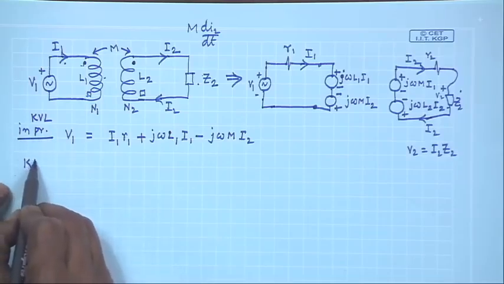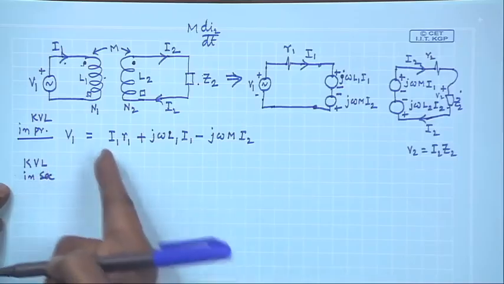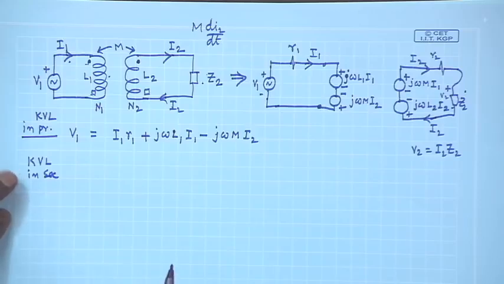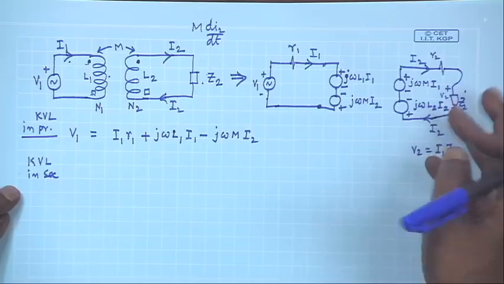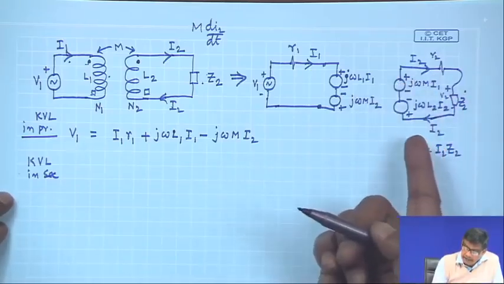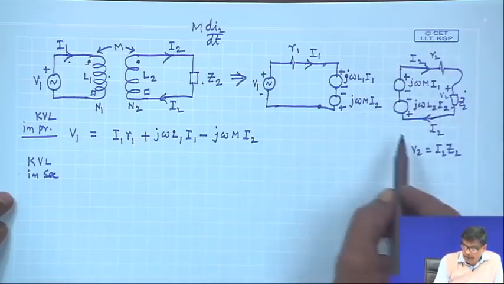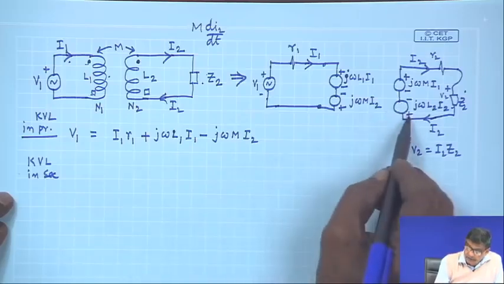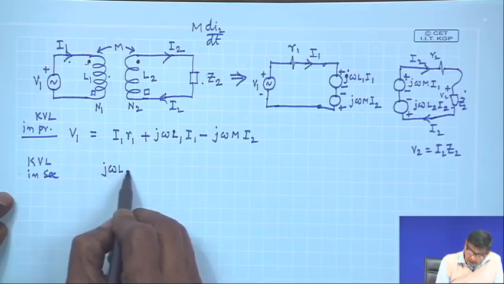Similarly, let us write down the KVL equation in secondary. Mind you, all these quantities are phasors. KVL in secondary will be, there is no external voltage connected. So, we start from any point we like and sum up all the voltages. So, suppose from plus to minus, this voltage is j omega L 2 I 2.